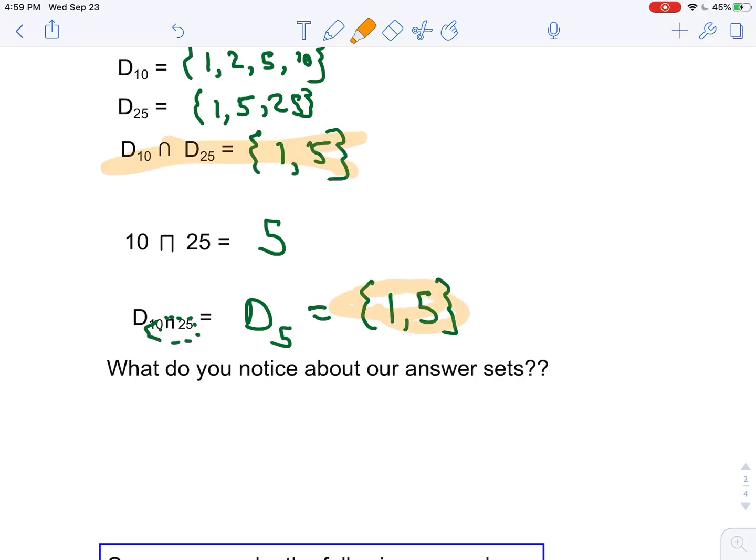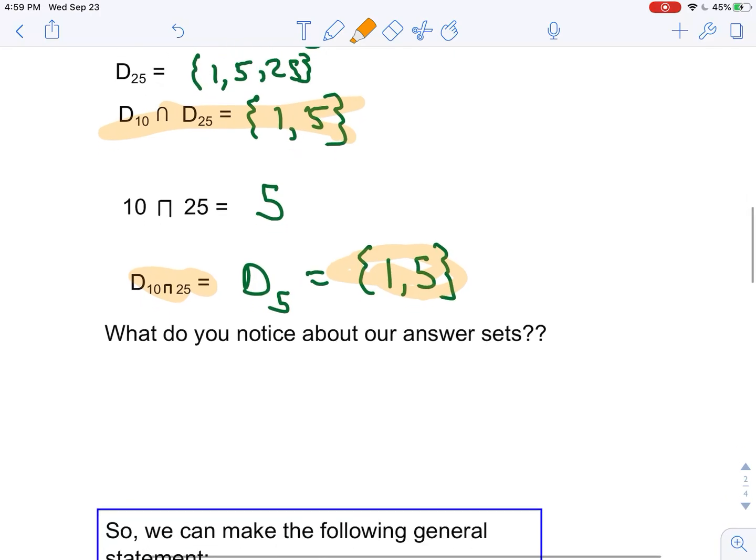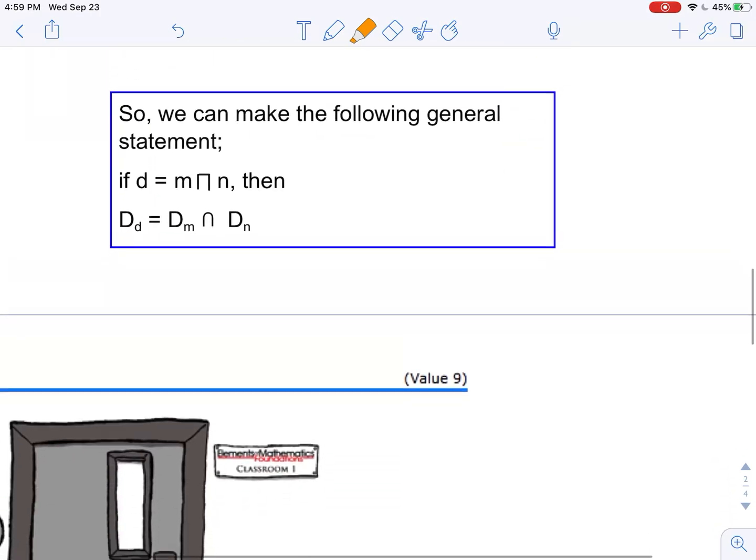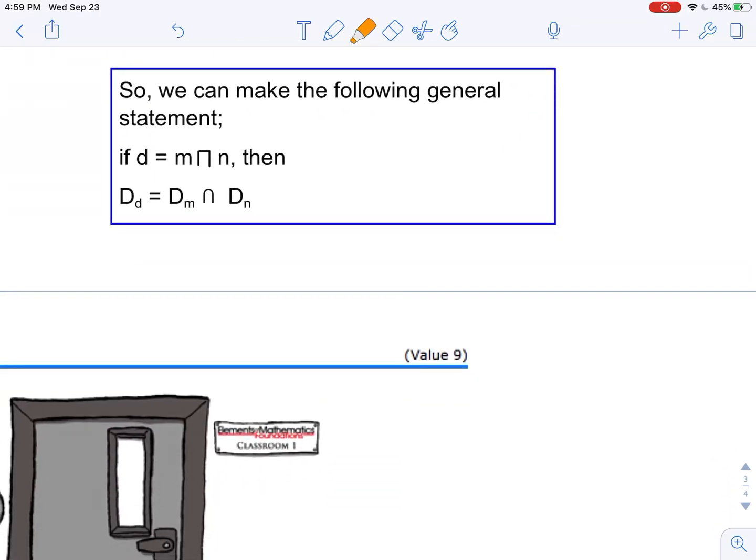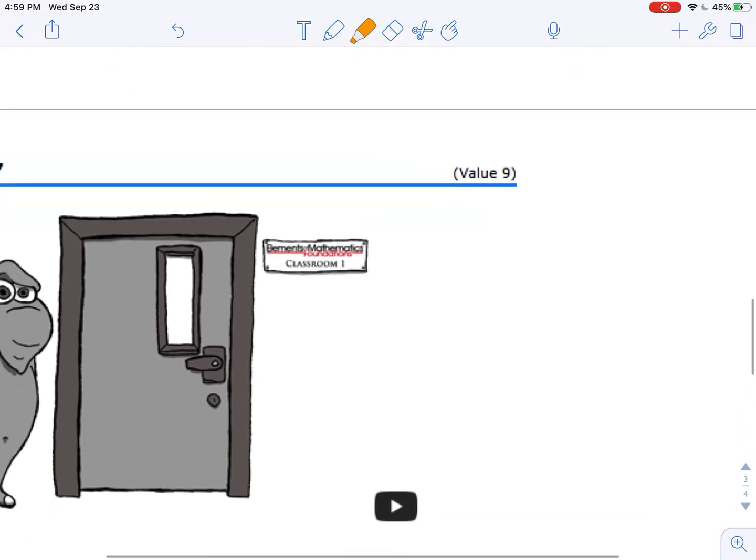Let me get rid of that dotted line and highlight it. Seeing the relationship there? So we can make this statement: if D is the greatest common factor of M and N, then the divisor set of D is going to be found by taking the intersection of the divisors of M and the divisors of N. That's our nice little general statement there.